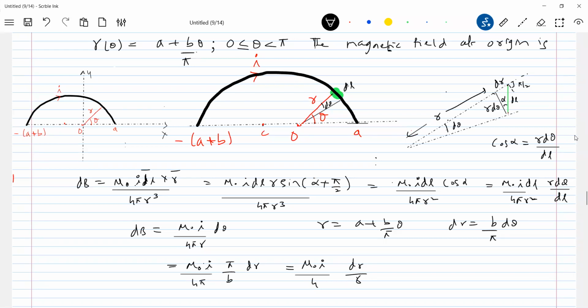What should be the limit? a to a plus b. b will come, sir, in the denominator. Denominator b will be there, no? Yeah.